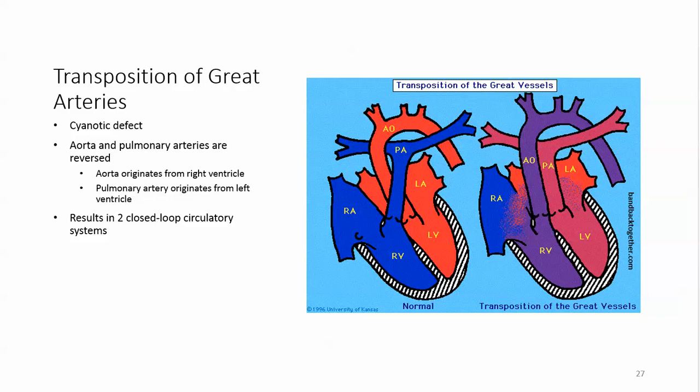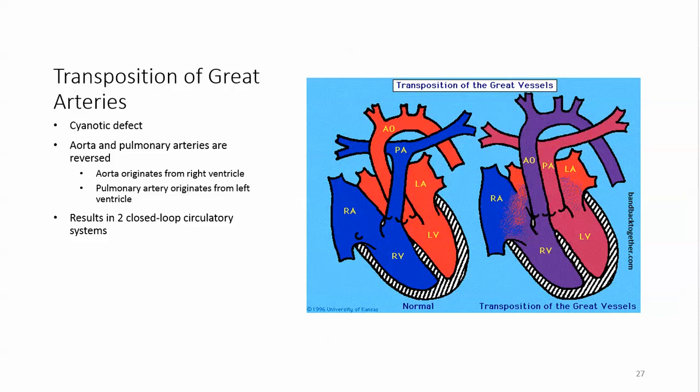And the last one we're going to talk about in this little video is the transposition of the great arteries. This is a cyanotic defect. The aorta and pulmonary arteries are reversed. The aorta originates from the right ventricle instead of the left, and the pulmonary artery originates from the left ventricle instead of the right.